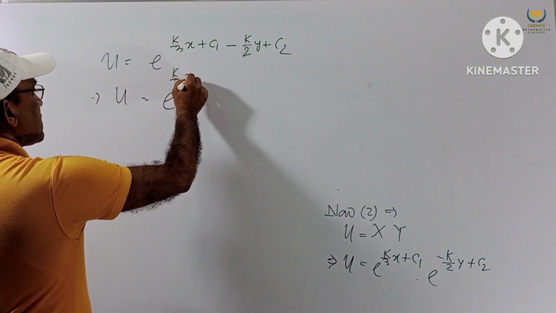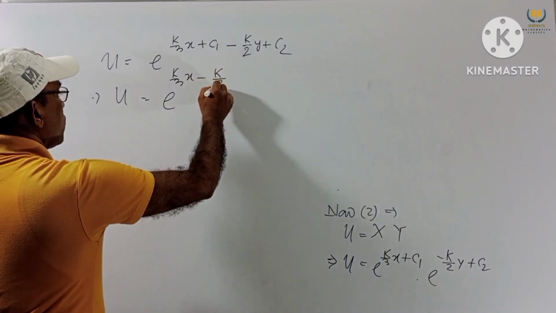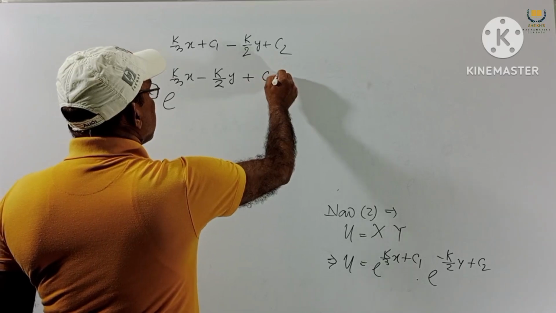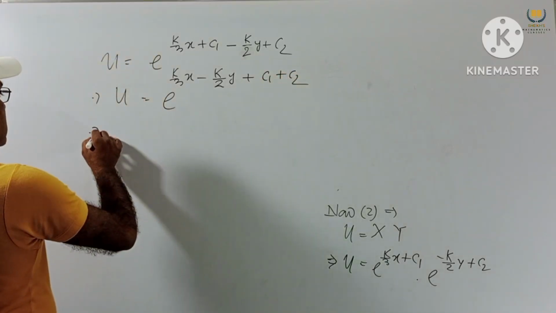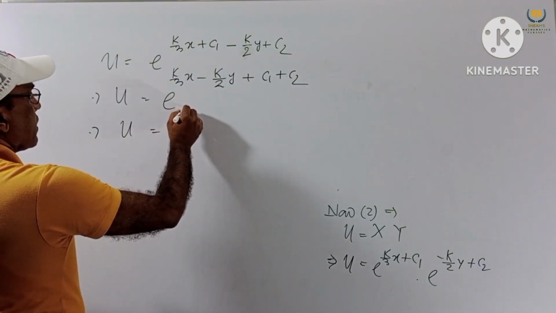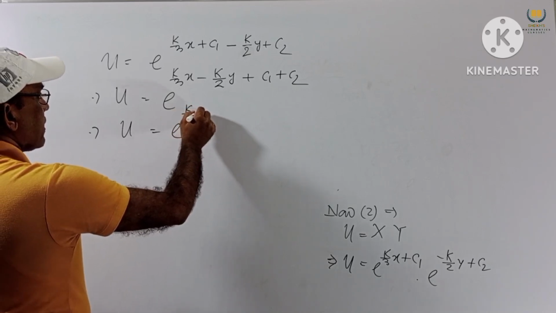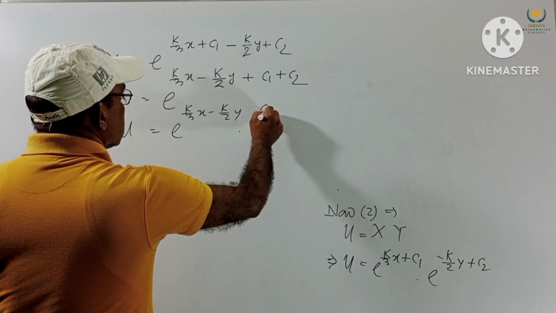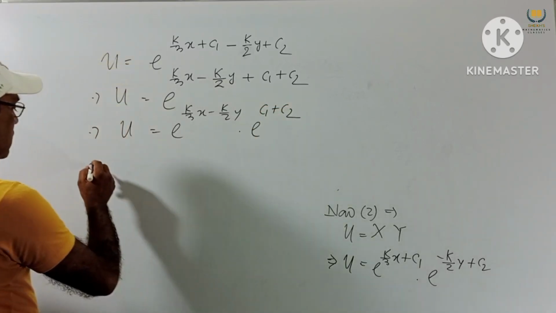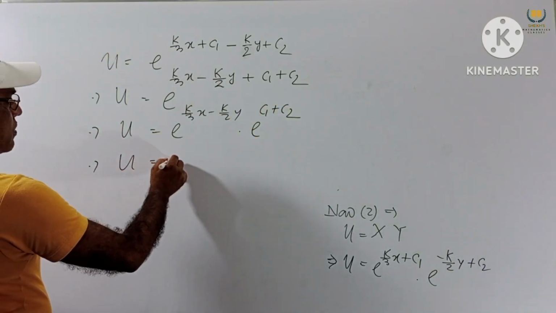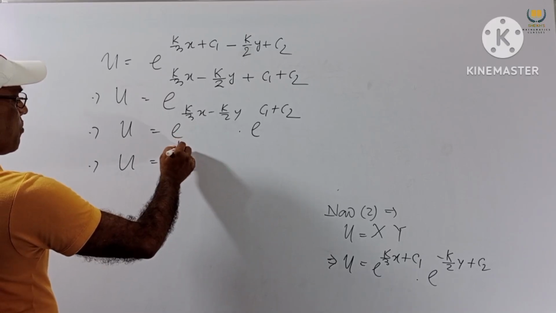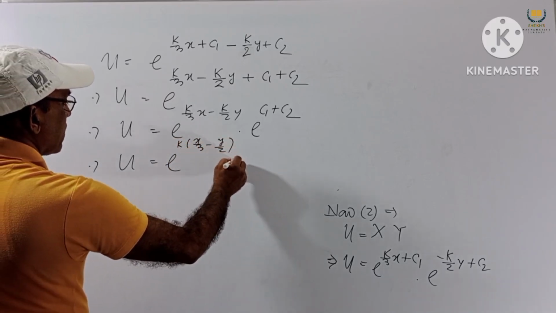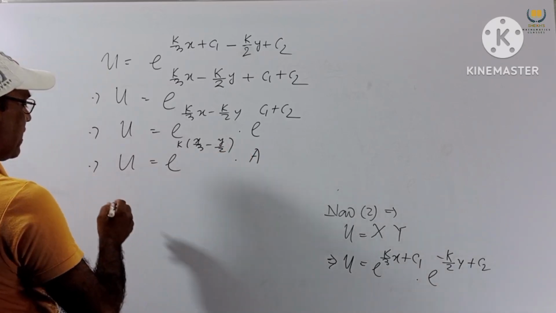This implies u equals e to the power k by 3x minus k by 2y plus c1 plus c2, and this is u equals e to the power k by 3x minus k by 2y times e to the power c1 plus c2. Here taking k common, x by 3 minus y by 2, here we consider a.